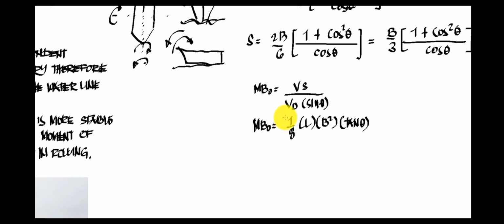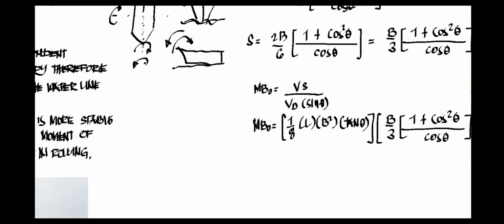Close parenthesis, then multiply it by the value of s, then it is divided by bdl times the sine of theta.